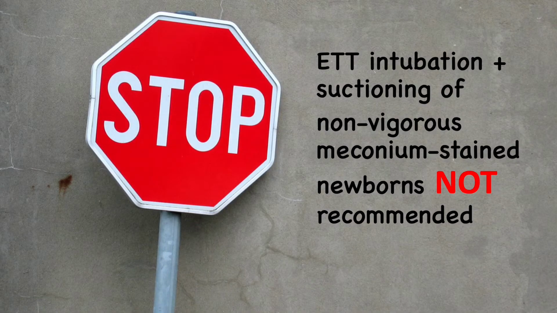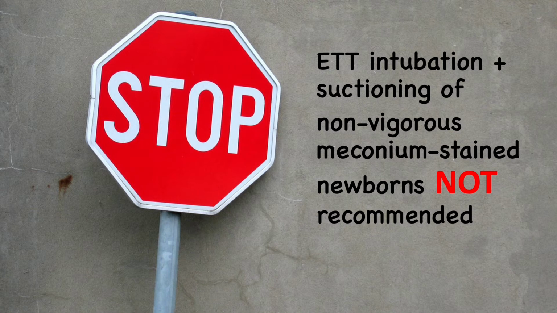For many years, it was the practice for a non-vigorous meconium-stained newborn to be intubated and suctioned at delivery. A meconium aspirator could be used in order to remove the meconium-stained liquor, especially if it was thick meconium, from the airway.